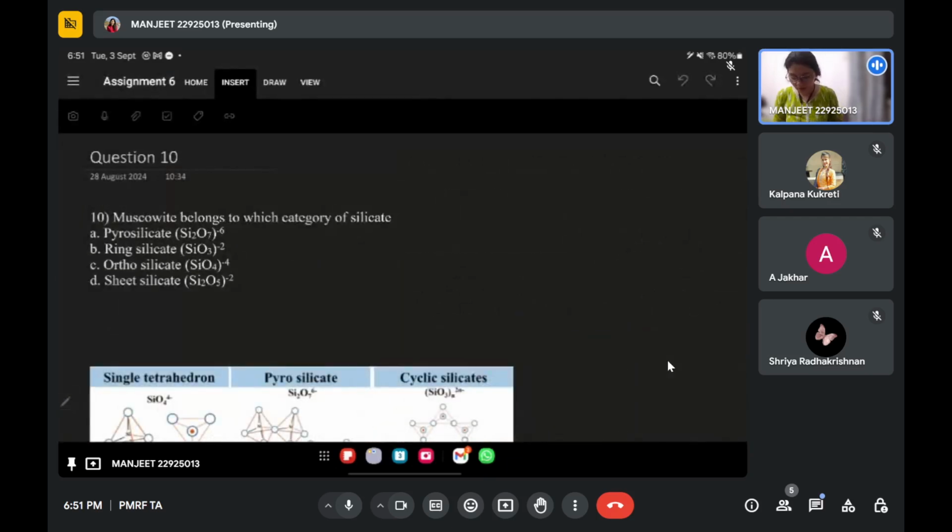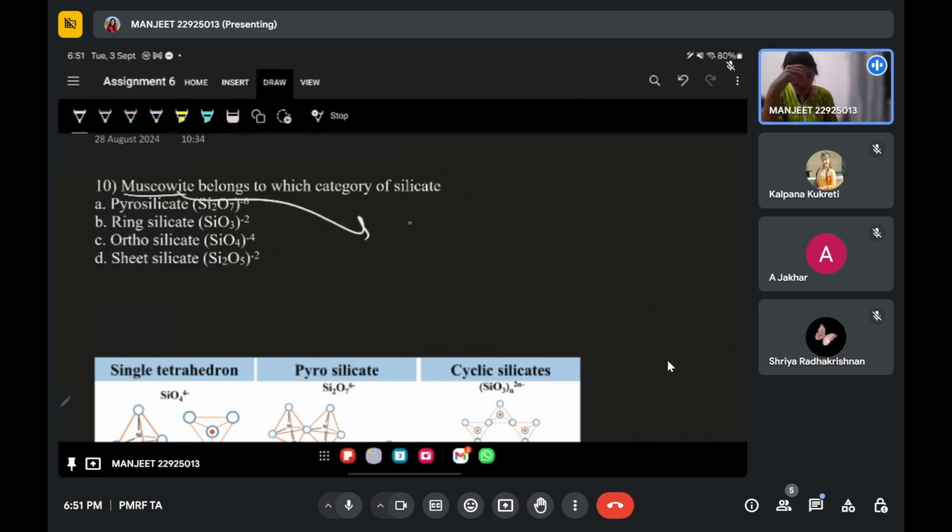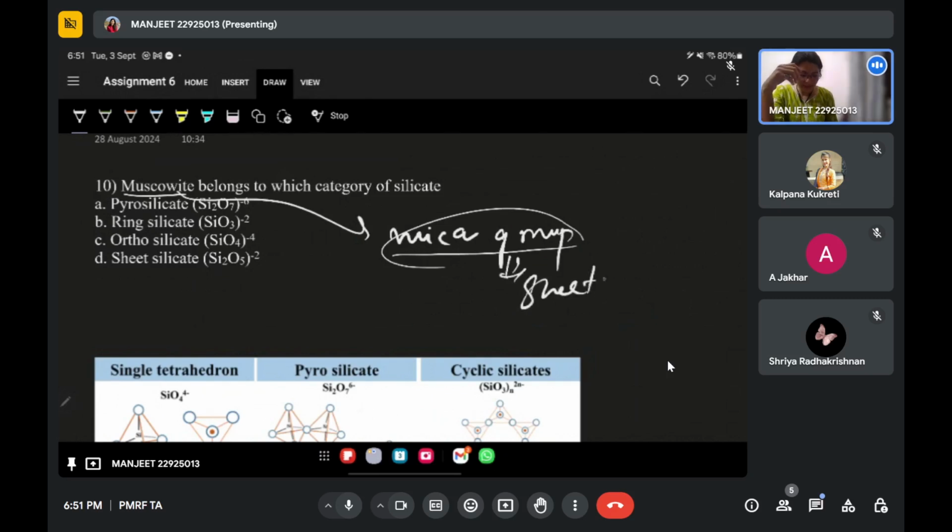Now we have muscovite. Which category of silicate does it belong to? As I already told you, this is one of the members of the mica group. And the mica group basically has a sheet-like structure.